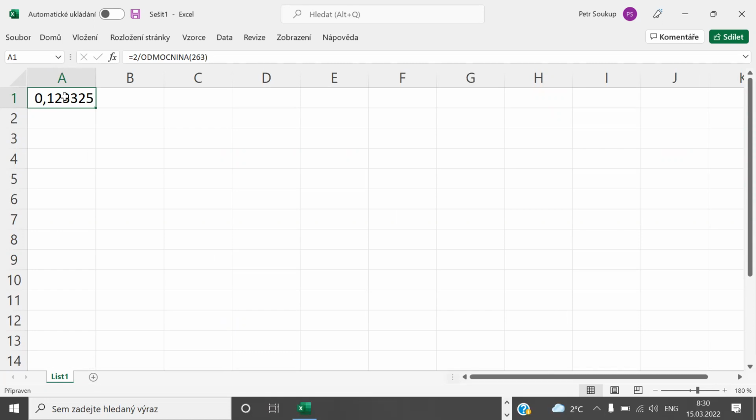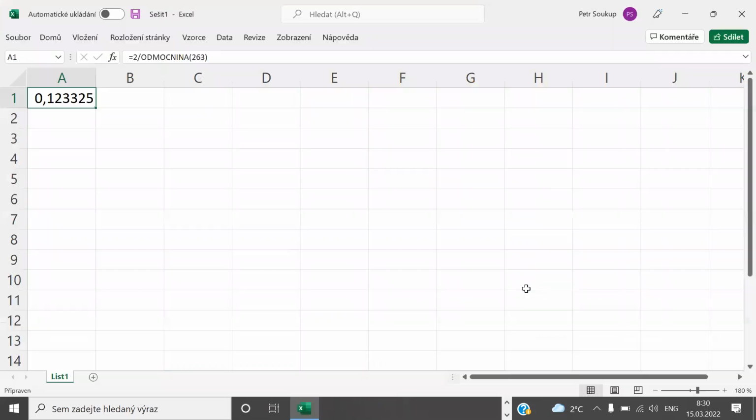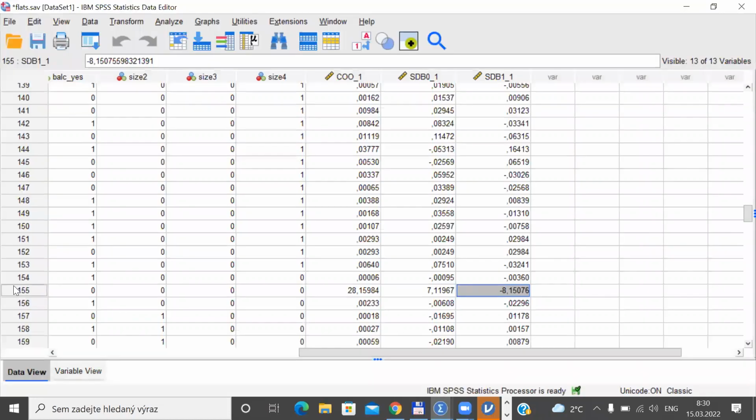And once again, here for case 155, we have standardized DFBeta minus 8.15. It is much bigger. Please compare it in absolute values, so minus or plus doesn't matter. It is much bigger than 0.12. So once again, the recommendation: this is a very, very influential point.